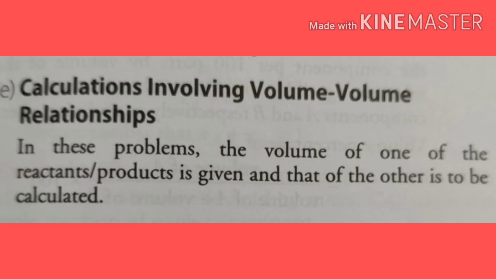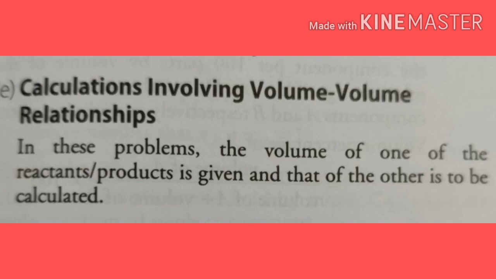First we write the balanced chemical equation. The formula for acetylene is C2H2. So first we write the combustion of acetylene. 2 C2H2 will use 5 molecules of oxygen to give 4 molecules of carbon dioxide and 2 molecules of water.